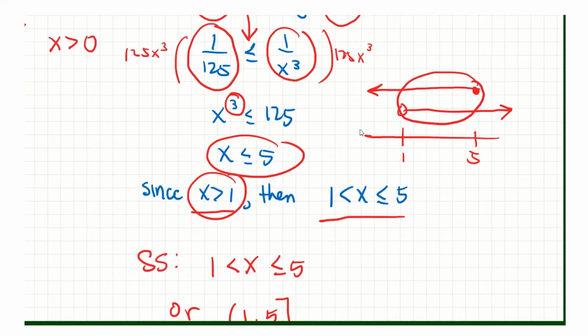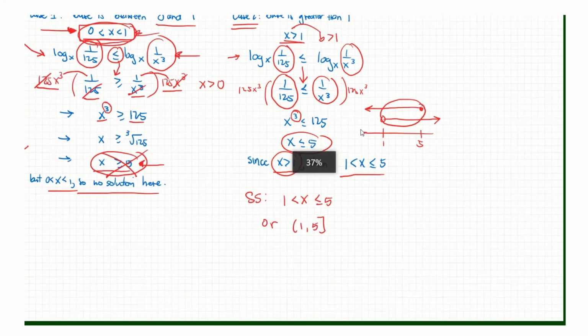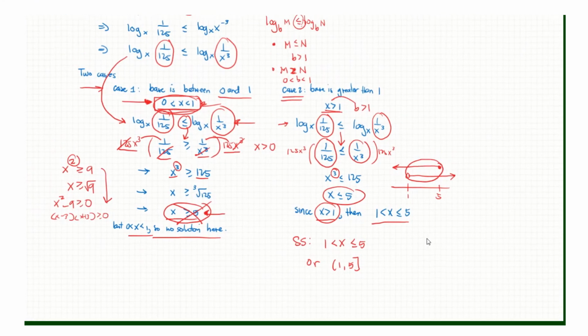So we didn't get anything from case number 1, but we have something from case number 2. And that means that's the solution set that we are looking for. That's x is between 1 and 5, including 5. And you can also write that in interval notation as 1 to 5 with a bracket on the 5 and an open parenthesis on the 1.